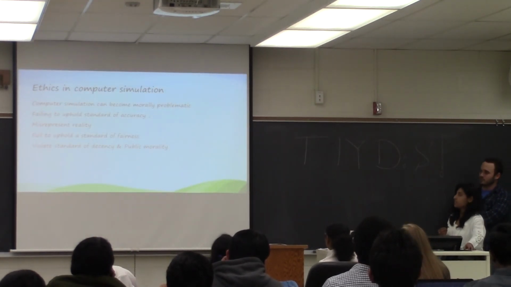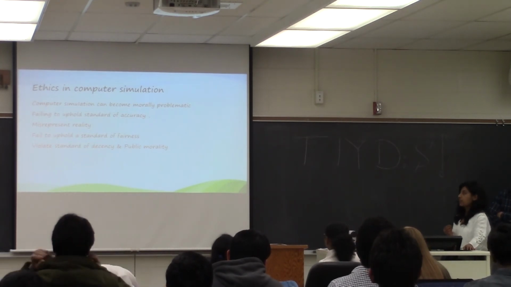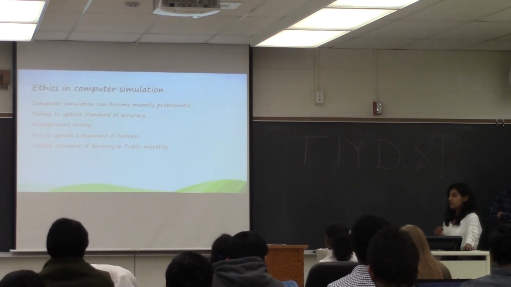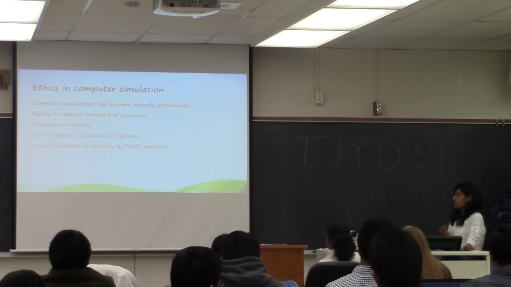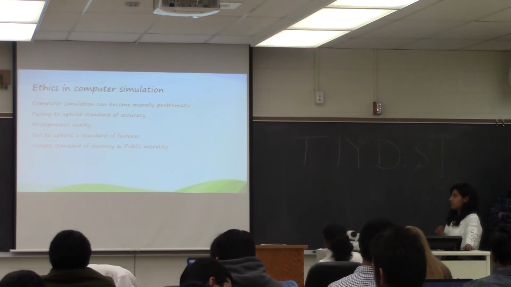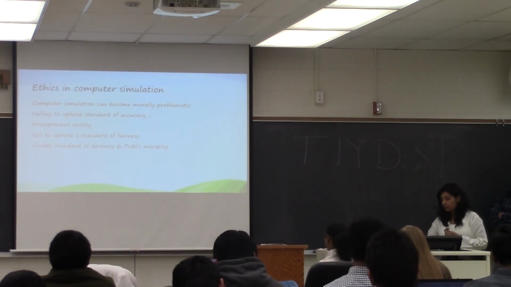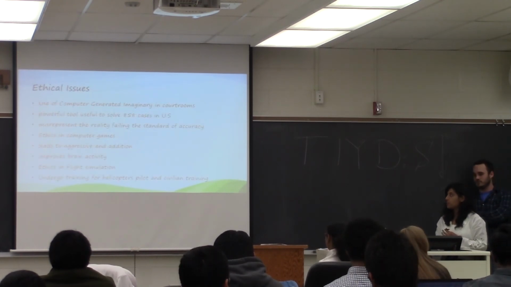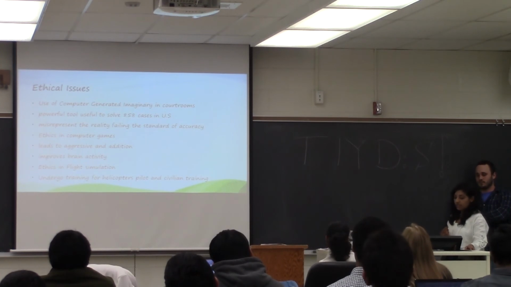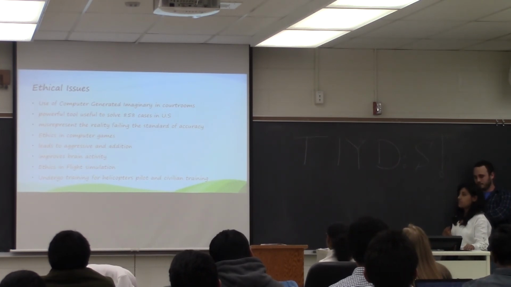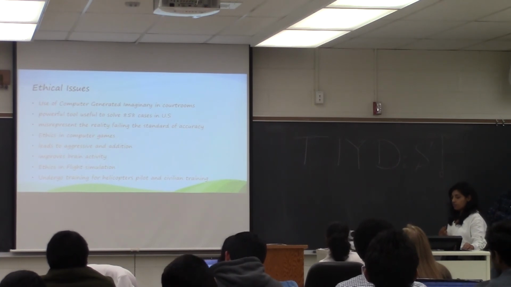Computer simulation becomes more problematic, failing to uphold the standards of accuracy and misrepresenting reality, failing to uphold standards of fairness and violating standards of decency and public morality. Computer-generated imagery is widely used in courtrooms, and it can misrepresent reality and give a biased representation, producing unreliable evidence.